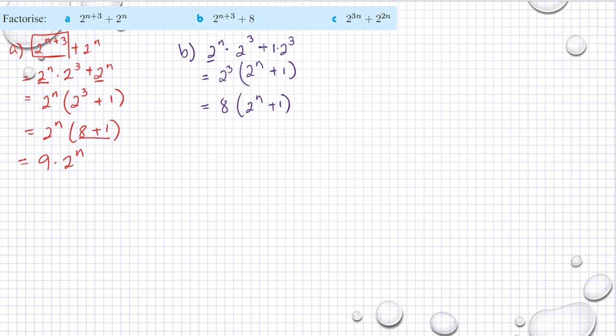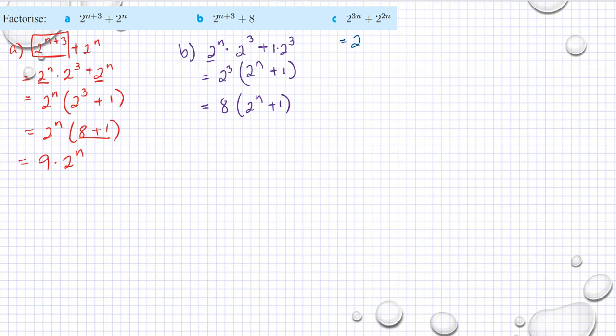Okay. Next, we have 2 raised to 3n, which is the same as 2 raised to 2n multiplied by 2 raised to n. That is also 3n. If you cannot see that, maybe I will do it another way.